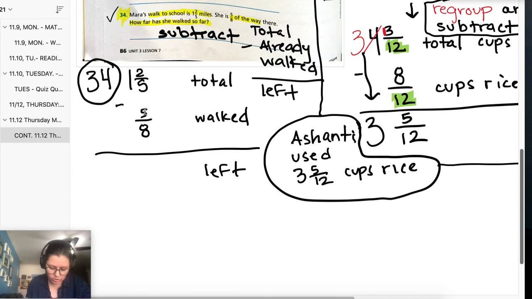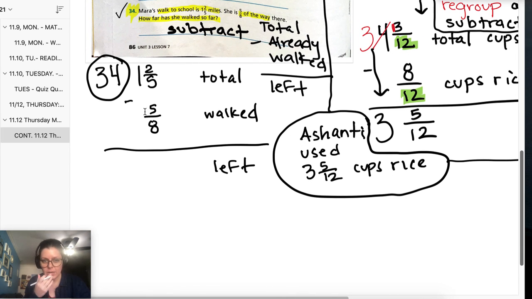So the first thing I need to do, just like before, is figure out the least common denominator of 8 and 5. Let's see, what can I multiply them both by to get a common denominator on the bottom? So again, I'm just finding the least common denominator. And I'm showing you how I'm doing it by color coding that in green.